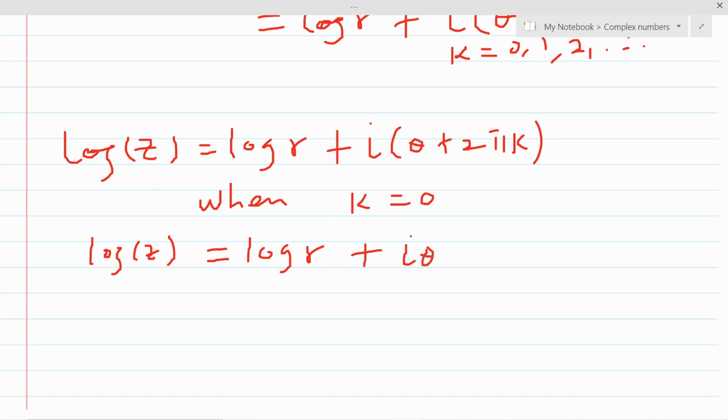And this is what we call the principal logarithm of z, when k is 0.